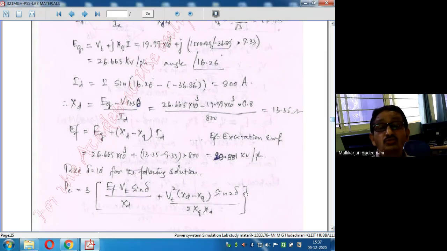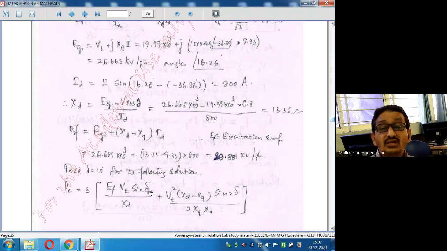Then what is to be done for this? In an iterative process, I should start taking delta from a range. If delta is 0, what is the total power transferred? If delta is 5 degrees, what is the total power transferred? If delta is 10 degrees, what is the power transfer? I should account in terms of incremental values of delta.